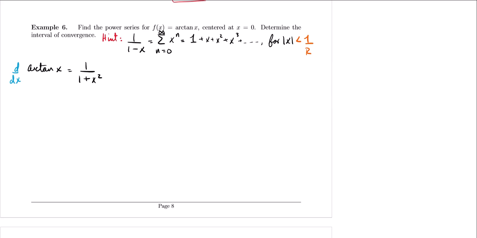So how can we use the hint? Well, to be honest, I gave you guys this hint for extra practice, to take advantage of the fact that if you know one series, maybe you can make the other function look like it. Maybe see if a function composition can help us come up with the 1 plus x squared. Then we could use this formula.